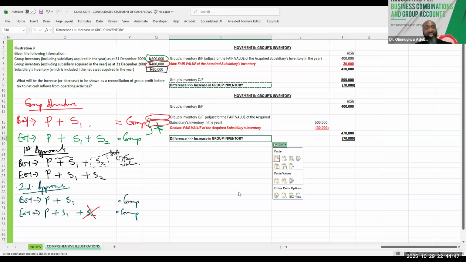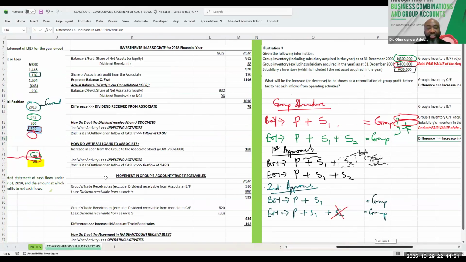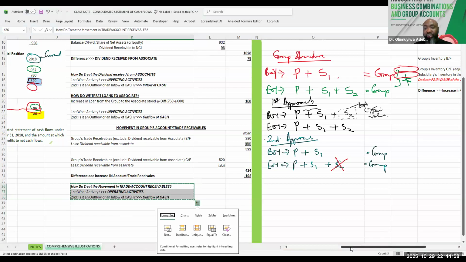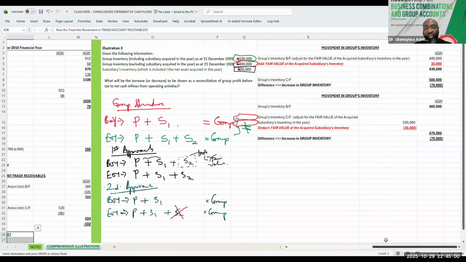And how do we treat this? An increase in group inventory is similar to an increase in group trade receivable because they both constitute what? An asset.